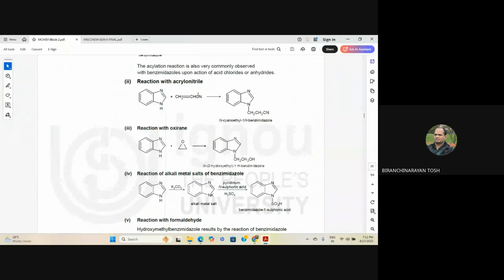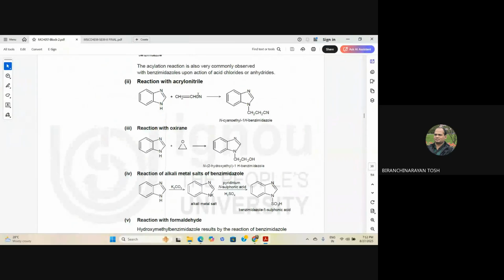So we get the 1-alkyl, where the NH hydrogen is substituted. Then under vigorous conditions, if you increase the temperature, the benzimidazolium ion will be formed. The acylation reaction is also very commonly observed with benzimidazoles upon action with acid chloride and anhydride.